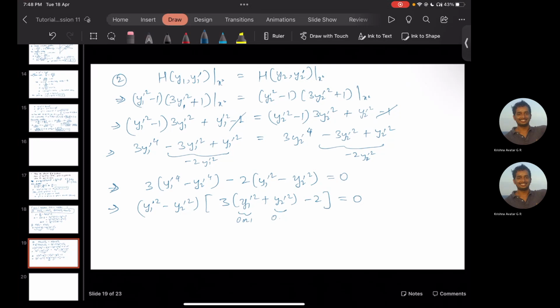And for all the possibilities, what we have is this entire term is never 0, is it not? Because if we have both zeros, then the term becomes minus 2. If we have just one non-zero and the other 0, then we have 3 minus 2, which is 1, not equal to 0. And if both are 1, then 3 into 2 is 6 minus 2, which is 4, greater than 0. So it's always non-zero. So this implies that y1 prime squared is equal to y2 prime squared. And this means that y1 prime is equal to plus or minus y2 prime at x equal to x star. Is it not? Okay.